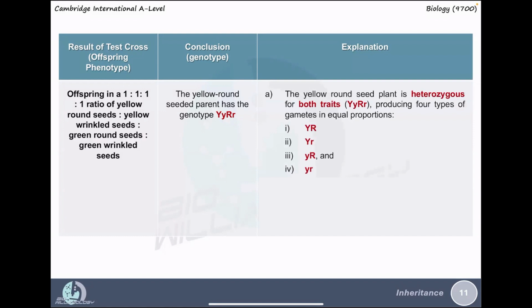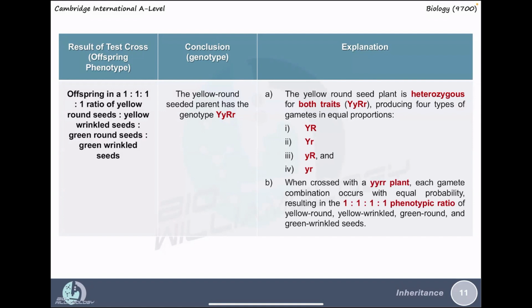The yellow round seed plant is heterozygous for both traits, producing four types of gametes in equal proportion according to independent assortment that takes place during metaphase 1. So when crossed with a homozygous recessive plant, each gamete combination occurs with equal probability, resulting in a 1 to 1 to 1 to 1 phenotypic ratio of yellow round, yellow wrinkled, green round, and green wrinkled seed.